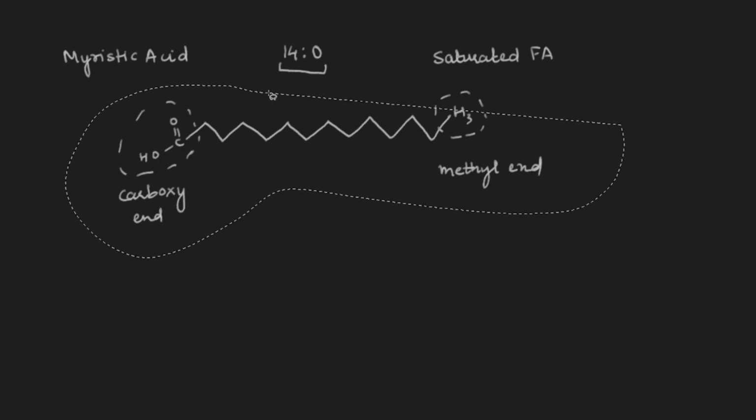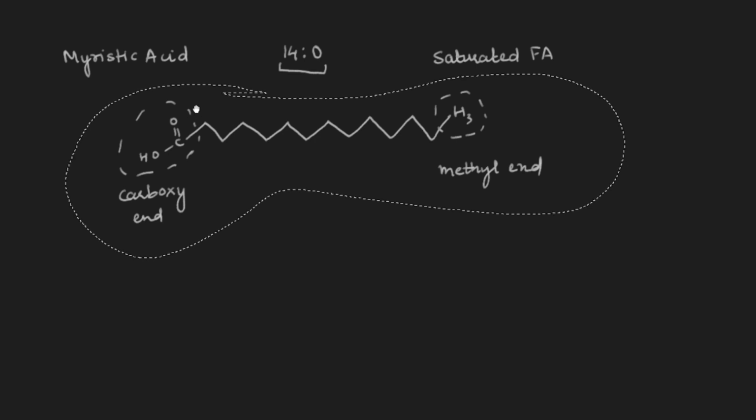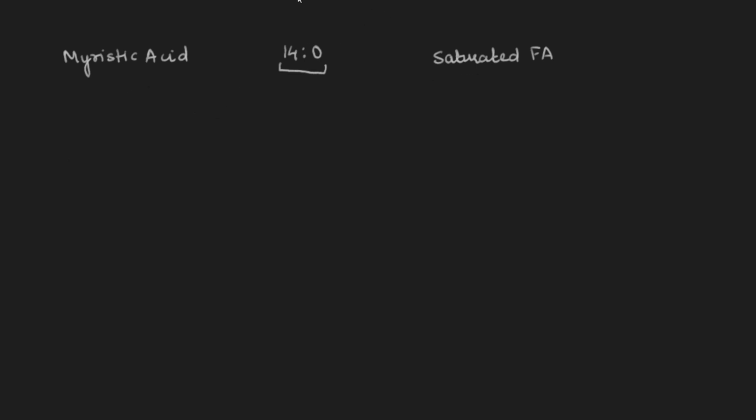Moving on to the next example, which has 16 carbons, palmitic acid. Again, it is a saturated fatty acid. It has 16 carbons and no unsaturation. Another example is stearic acid.